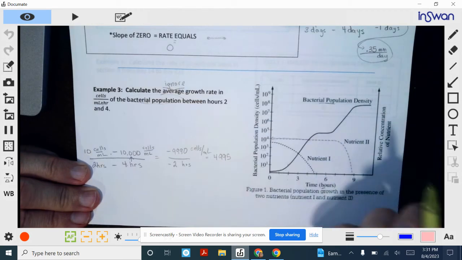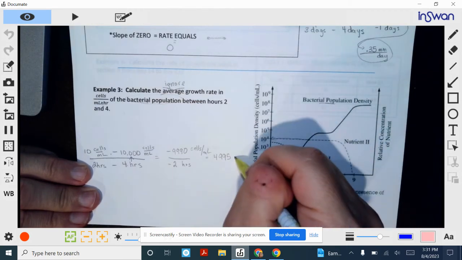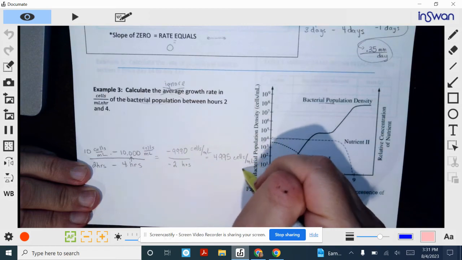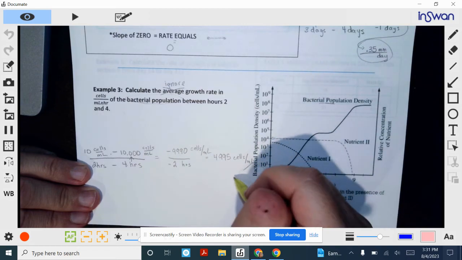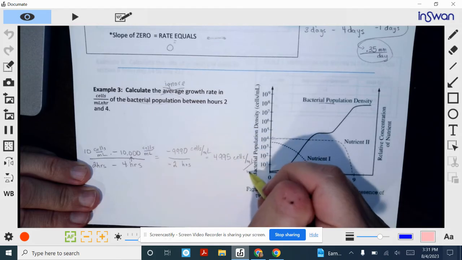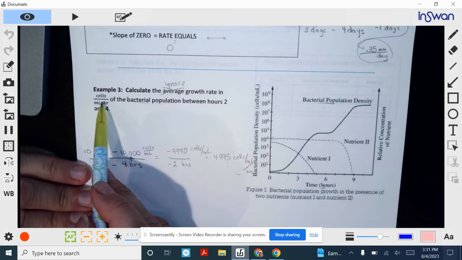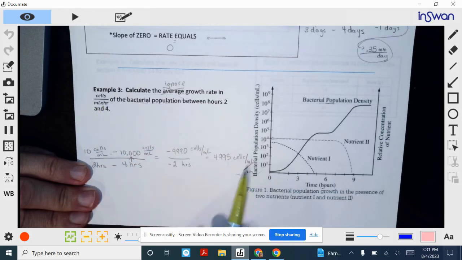That equals 4,995. Now watch how we do our units. We can write cells per milliliter, sorry, I'm running out of room there. My bottom part is hours. Now, if you're like, these units don't look like this, actually, it's the exact same thing.